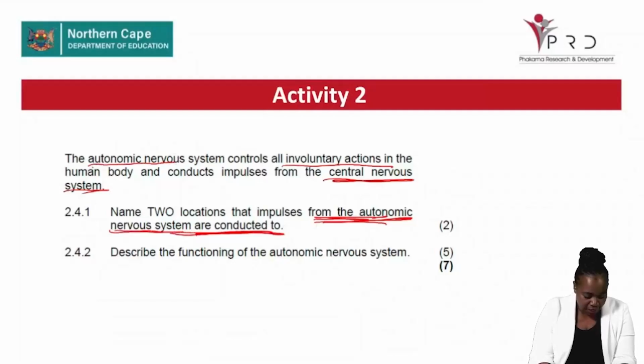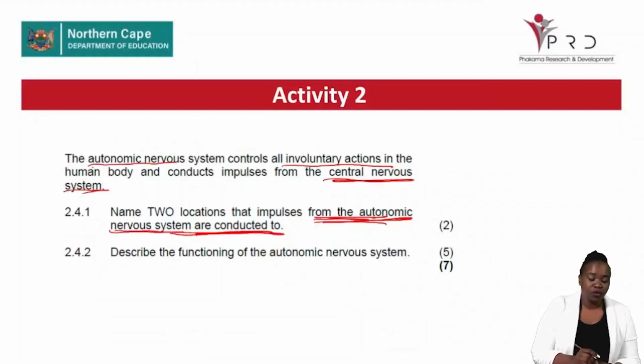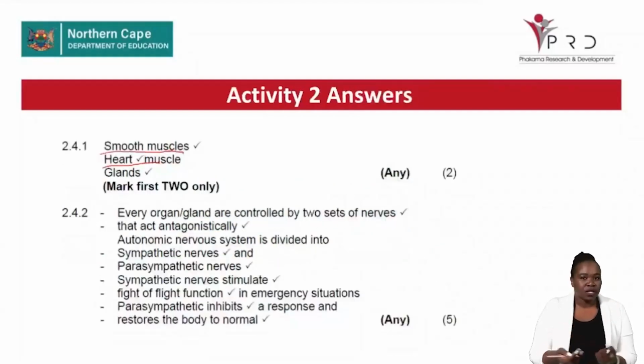Okay, and then we have 2.4.2. It says describe the functioning of the autonomic nervous system. Like we have just looked at, we know that it controls involuntary actions, and that it controls the changes in the internal environment.